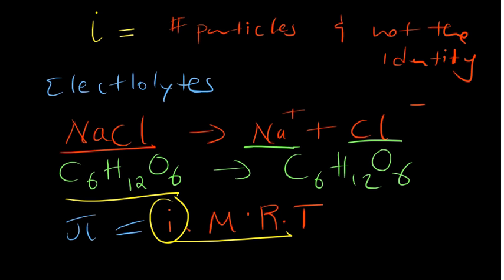But of course, as some of you have done some further studies, you realize that for sodium chloride this is not usually the reality, but take it as that. The i is known as the van 't Hoff factor.